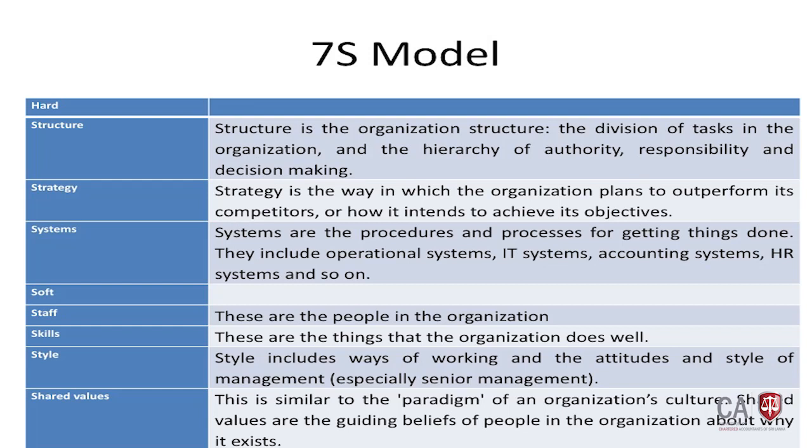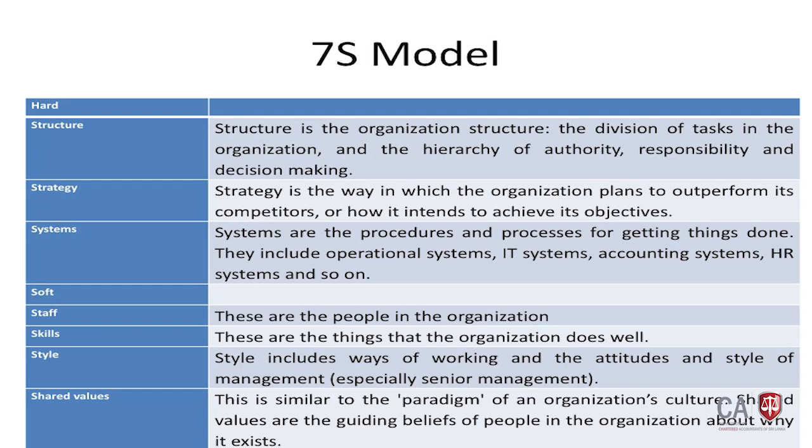Then soft factors. Soft factors are very difficult to identify and define and normally intangible in nature. So, what are the elements? There are four: staff, skills, style and shared values. Staff means the people in the organization.